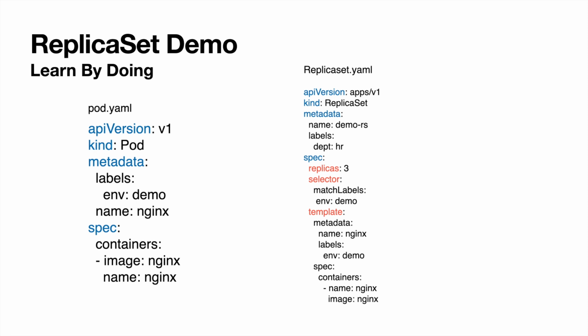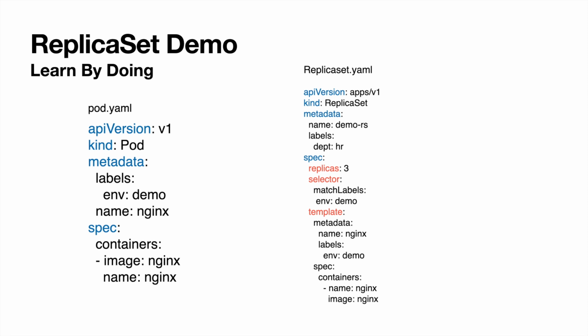What is selector? We looked at the field. Selector is selecting which pods will be added to this replica set, or when you create the replica set, what label should be associated with those pods. So matchLabels env demo. If you see env demo, exactly the same is there in your pod, so that pod will be part of this replica set. So selector is telling us we should look at this particular label.